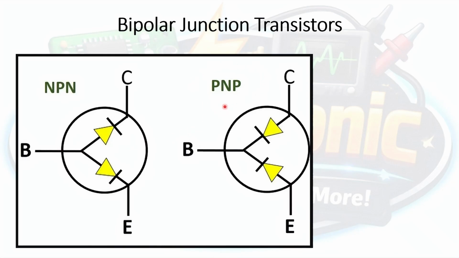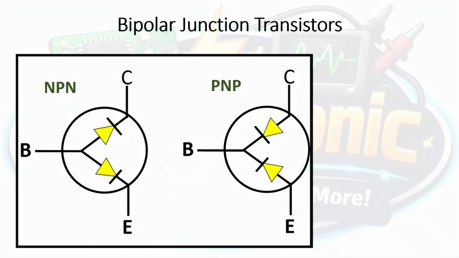For the PNP transistor, on the other hand, the two diodes are fused together at their cathodes this time around, with their fused cathodes being the base of that transistor. Knowing that information would be critical in determining whether a bipolar junction transistor is PNP or NPN. Why is that? Because we need to first find the base of the transistor in this case.